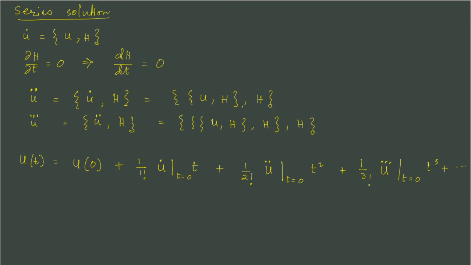But we'll have to evaluate it at t equal to 0. But then at t equal to 0, U has the value U0. So which gives us that we have U0 plus 1 by 1 factorial, and similar terms.